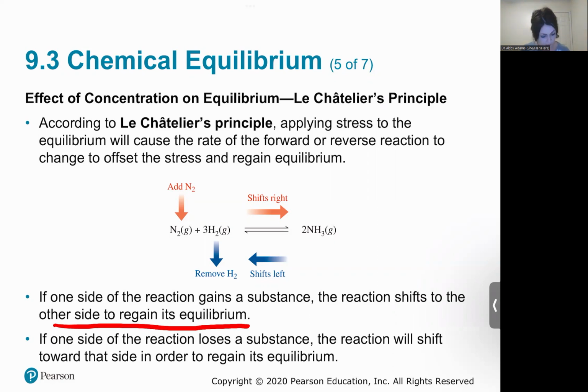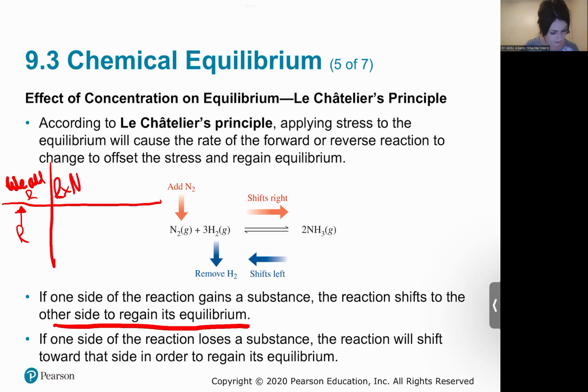So, for example, let's say we are going to add to our reactants. So we add to the reactants, and the reactants are going to increase. Okay, think of it this way. And if we increase the reactants, the reaction is then going to try to shift and maintain the equilibrium.